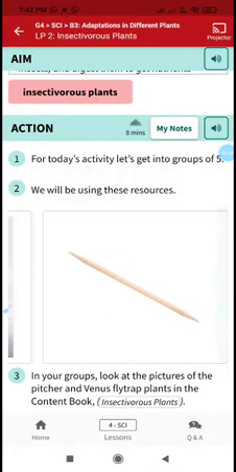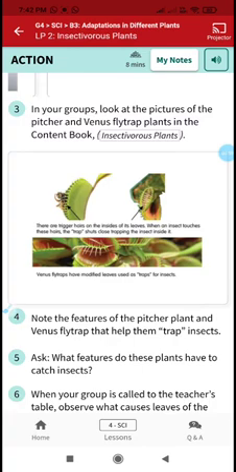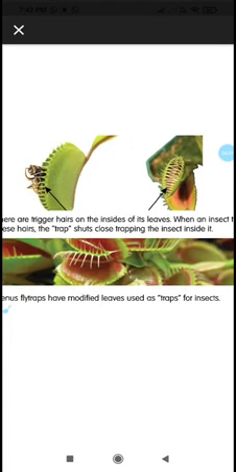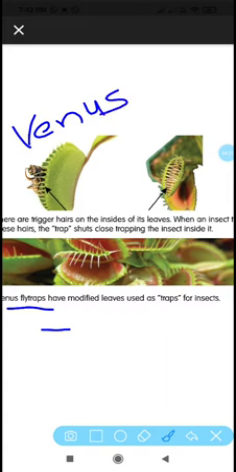Now we will see the pictures given in the textbook. Before that, you see this Venus flytrap. This plant's name is Venus flytrap. V for Venus, flytrap plant.